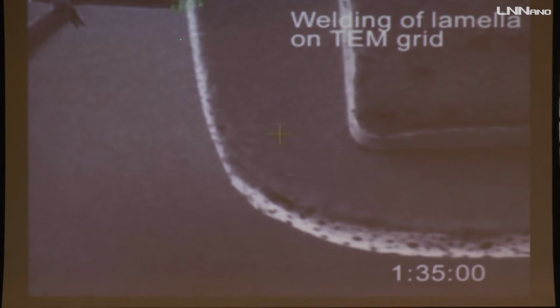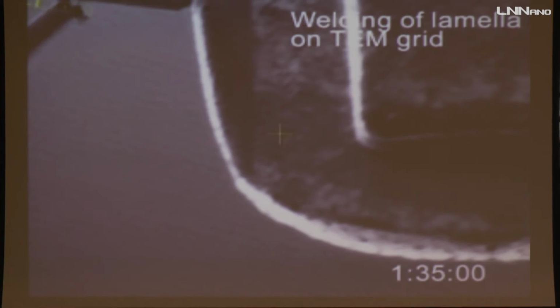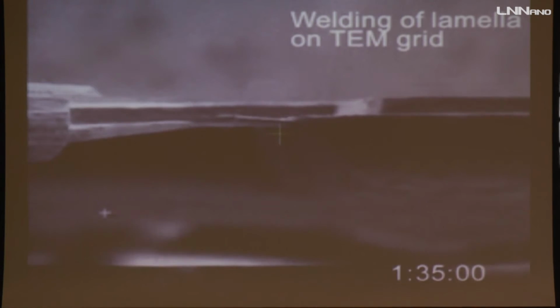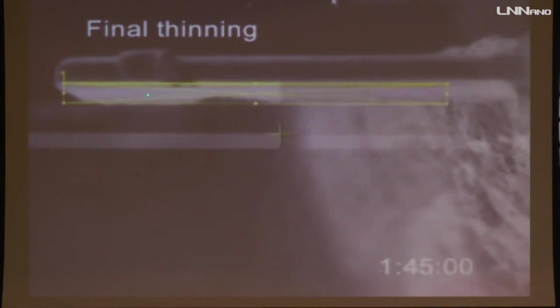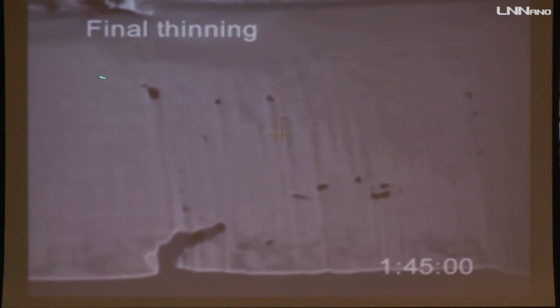He attaches, just touches the sample holder, and does the welding again, but now on the TEM sample holder, the actual TEM sample holder. And then he cuts out the nanomanipulator, and now he's able to do the final thinning of the lamella.